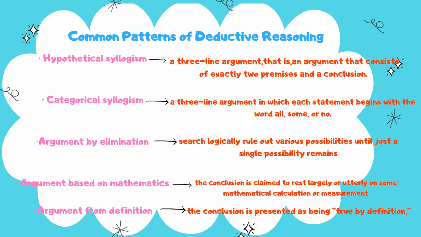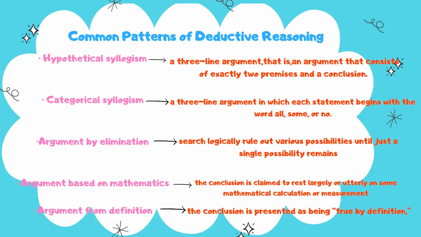And there is an example of hypothetical syllogism. If the Tigers beat the Yankees, then the Tigers will make the playoffs. The Tigers will beat the Yankees, so the Tigers will make the playoffs.